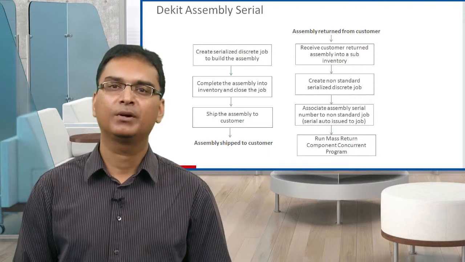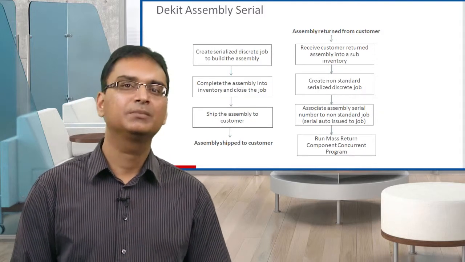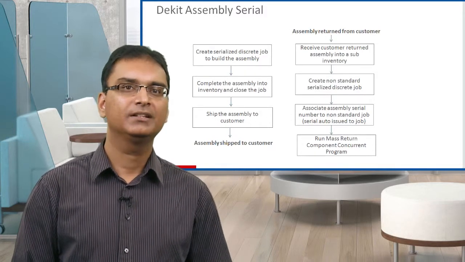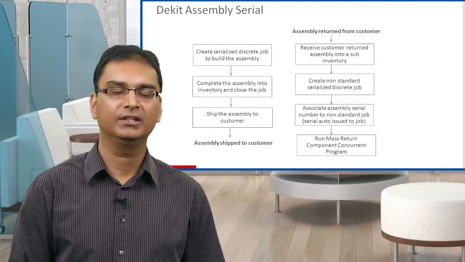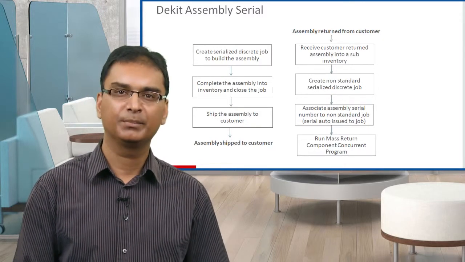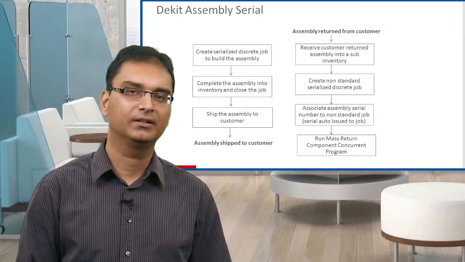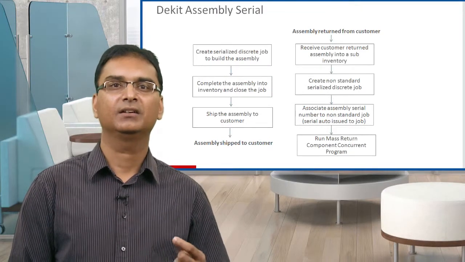Earlier it was not possible to reuse the same serial number, to attach the same serial number to a work order and carry out that dekit operation. What we have done is a capability to now associate existing serial numbers in inventory to a non-standard work order. Also associate a routing which could represent a series of operations required to repair or dekit that particular assembly, and then be able to essentially return the components back into inventory if you so choose by just running one process.